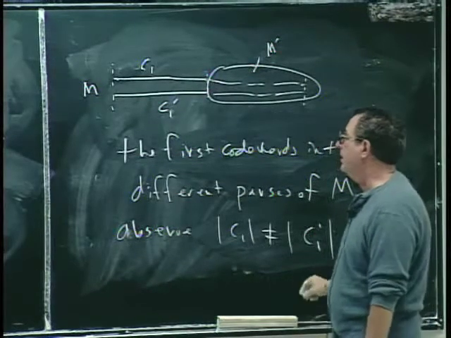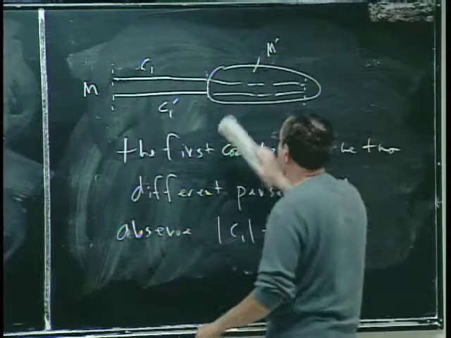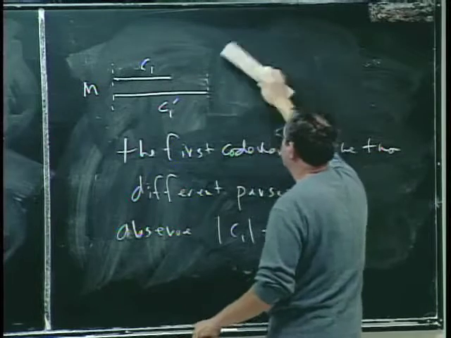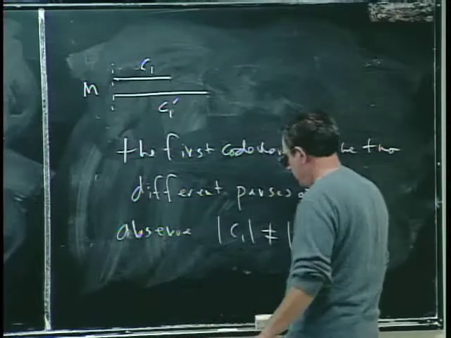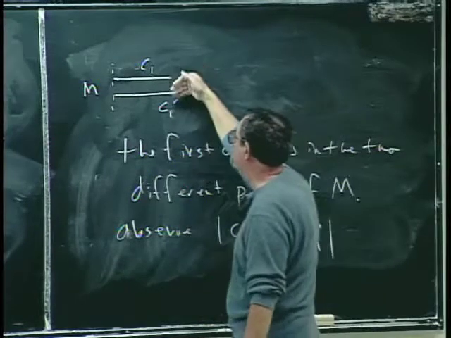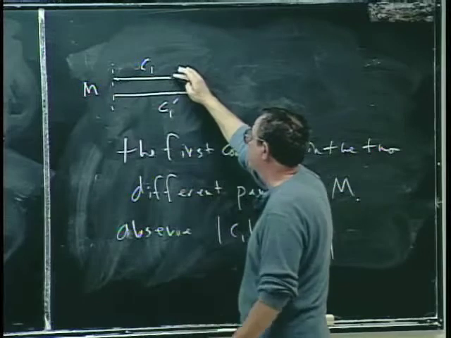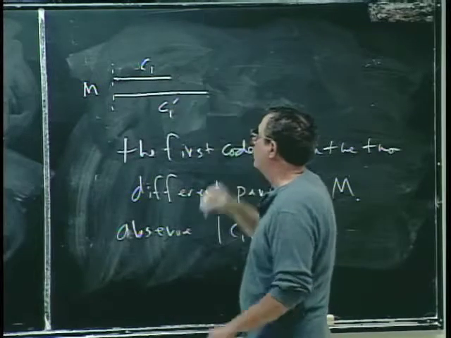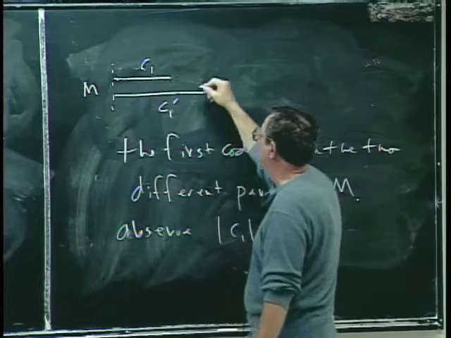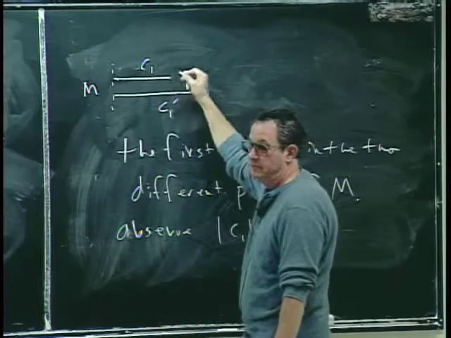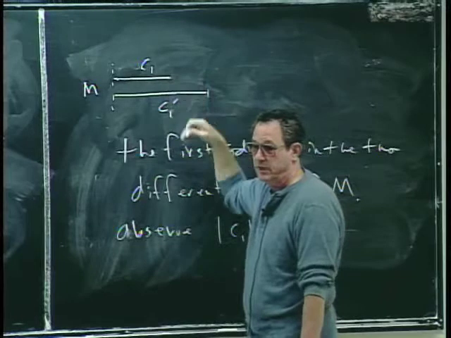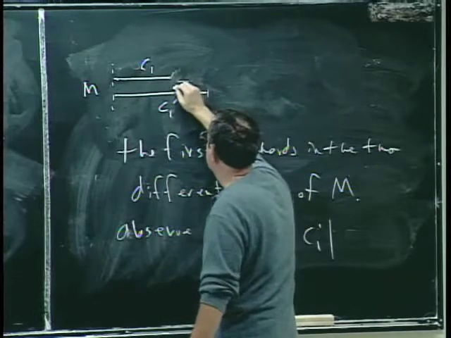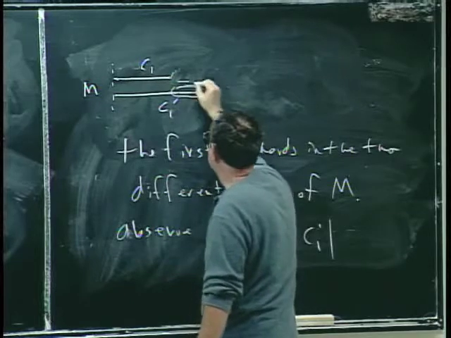I'll just make one last statement and then I'll quit for the day. Therefore, at the very beginning, when we look at the two parses, we look at the two first code words, not the first two code words. One is the long one, and one is the short one. So unambiguously, there's got to be one that's longer than the other, and there's also the overhang.